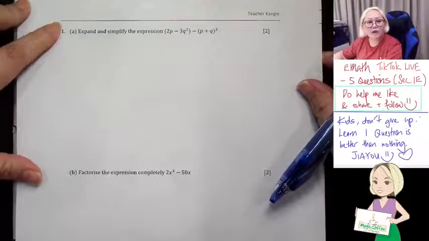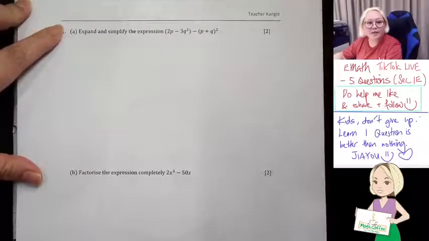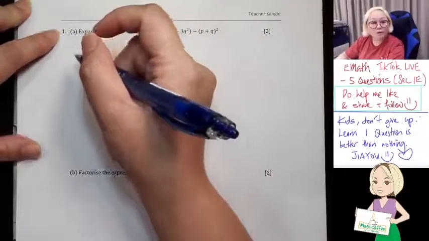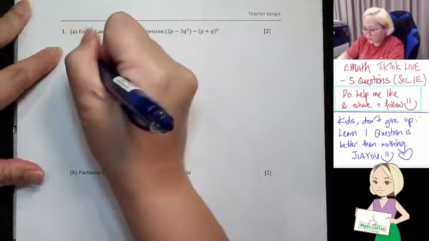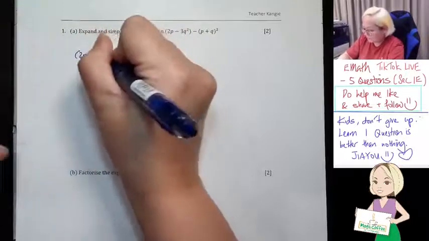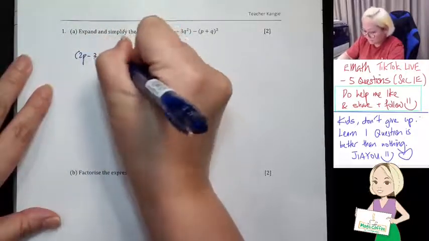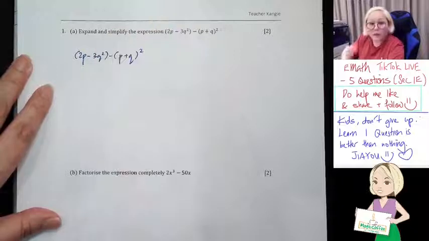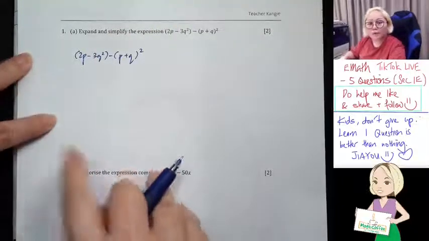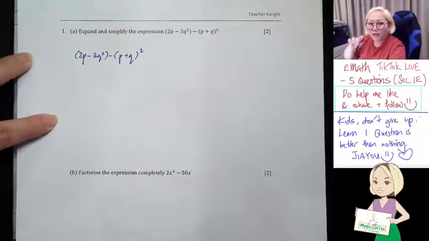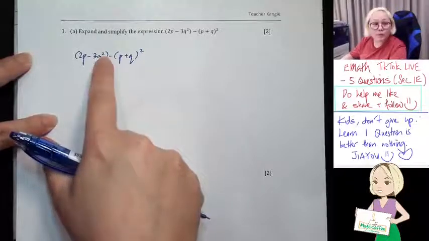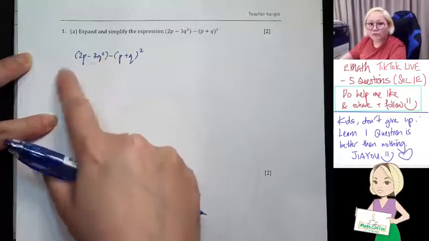Okay, question 1. Expand and simplify the expression. Let me just write out the question first. You're supposed to expand and then simplify. Kids, take note: this square is inside the bracket, so you do not square the first two terms.